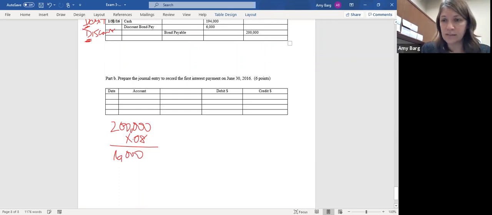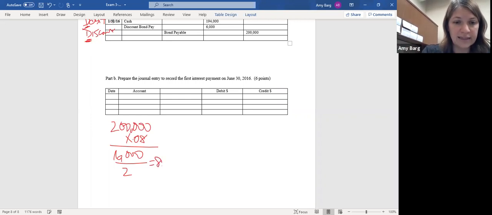It told us that the bond pays interest semi-annually, which means twice a year. So this interest is for the whole year, and we only want half of this because we'll pay half now and the other half later. So that's 8,000.